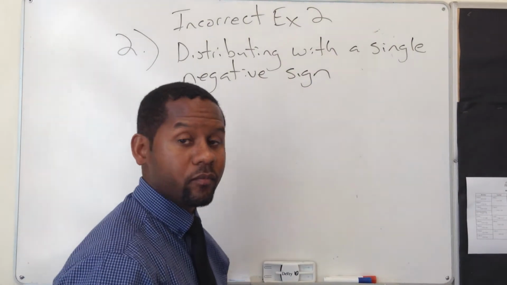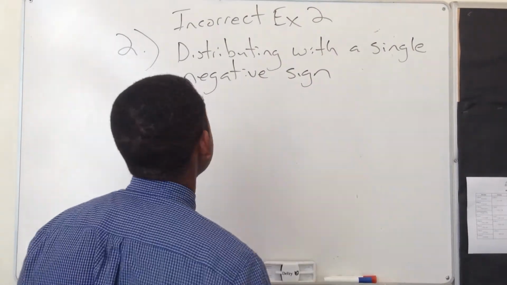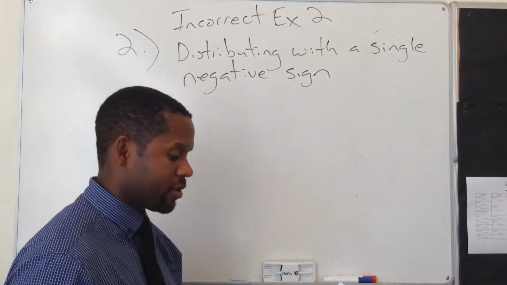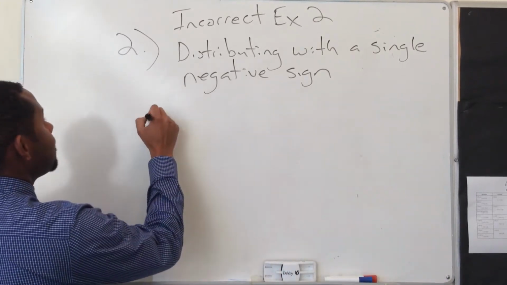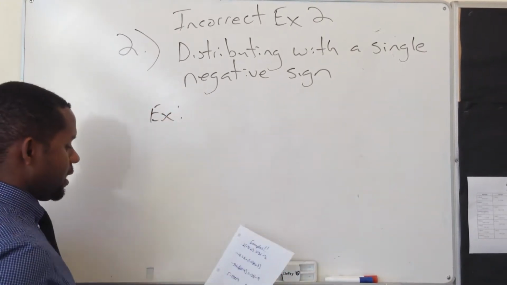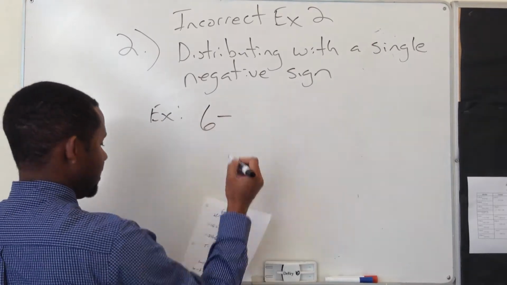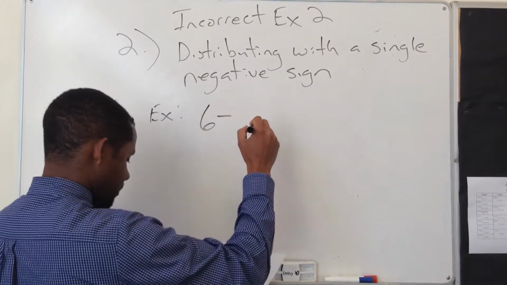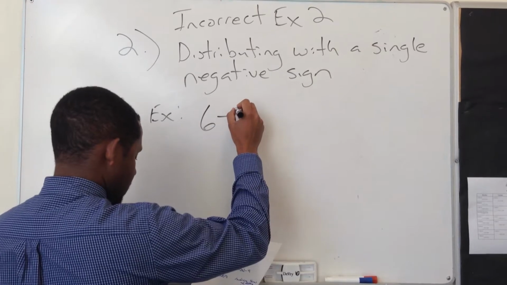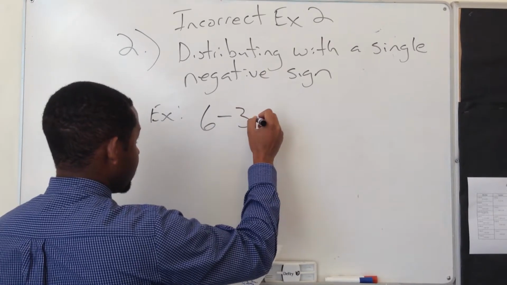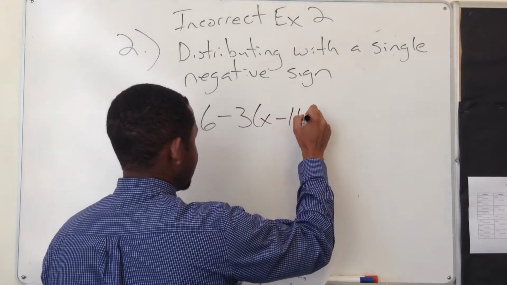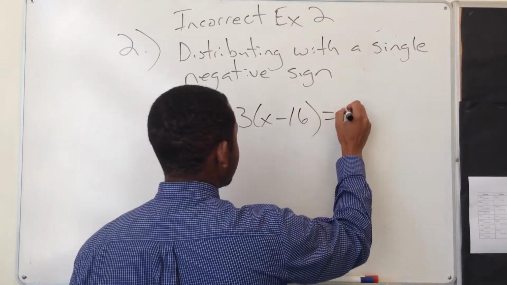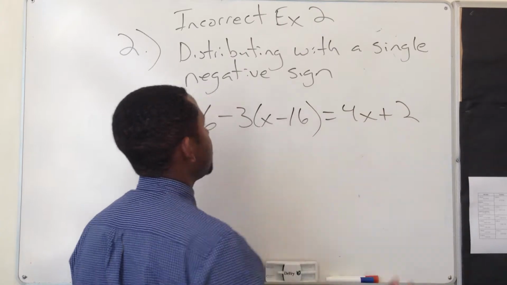Okay? Or a single subtraction sign. And remember, negative and subtraction are basically the same thing. So for example, you guys get a problem like this, and it says 6 minus 3 times x minus 16 equals 4x plus 2.